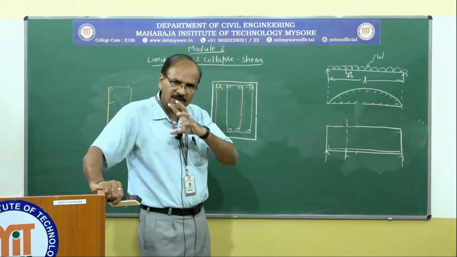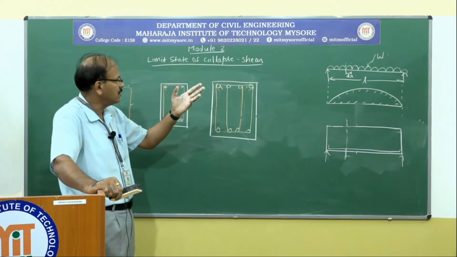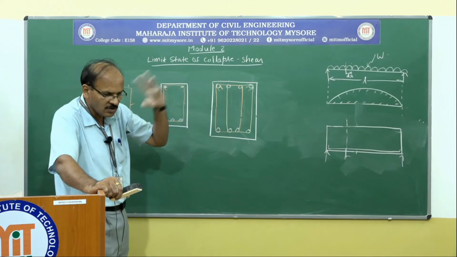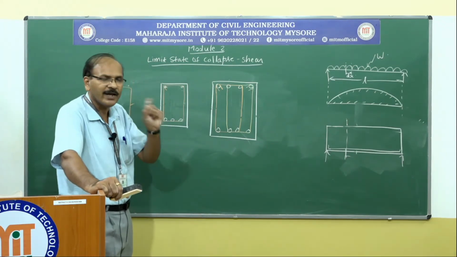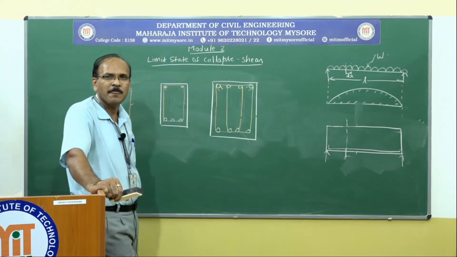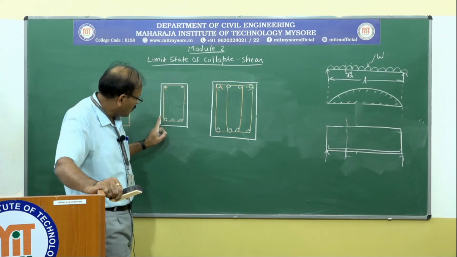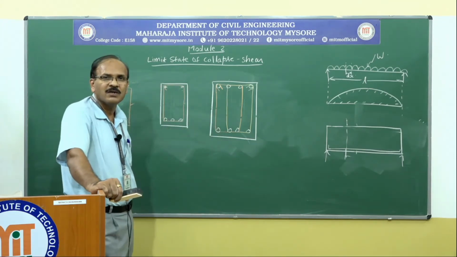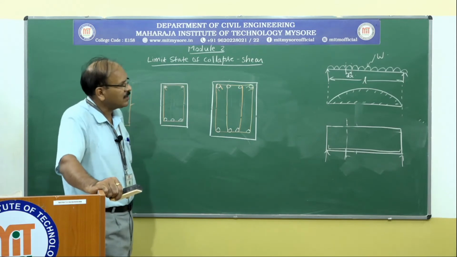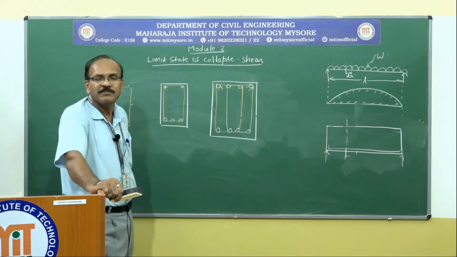And if the construction is heavy to carry heavy loads, and if the beam size is too big, sometimes they may even go for 10 mm diameter stirrups. Is it clear to you? So stirrups serve as the steel to take care of shear.